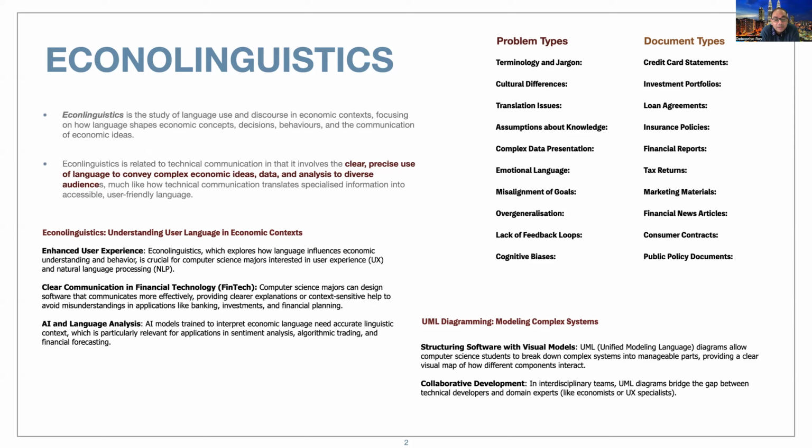Fintech is picking up very fast now, and computer science majors will have a lot to contribute in the fields of banking, investments, and financial planning. AI and language analysis: if somebody wants to do more programming for sentiment analysis, algorithmic trading, and financial forecasting, then computer science majors are needed.